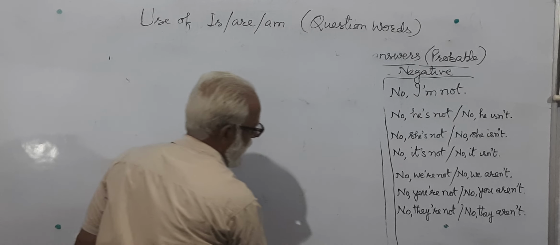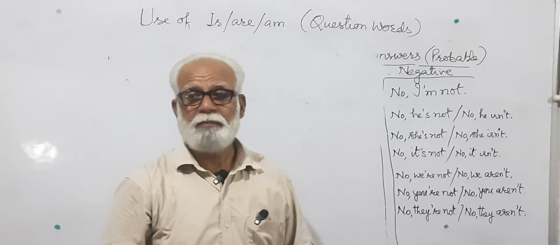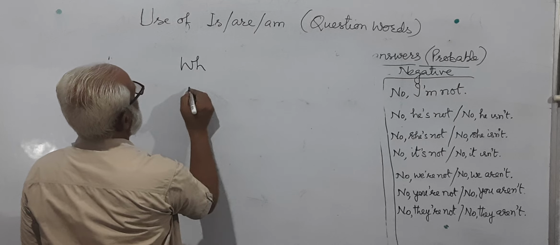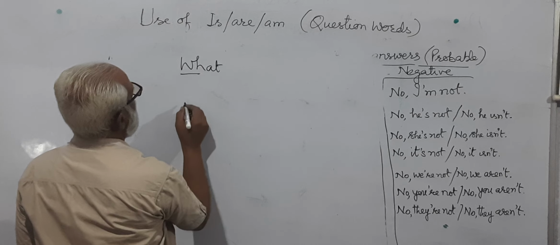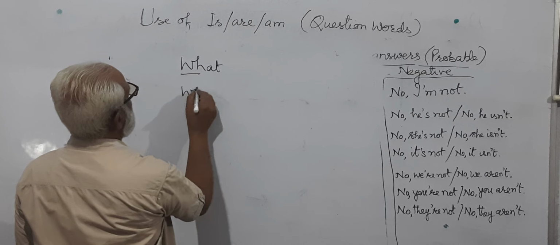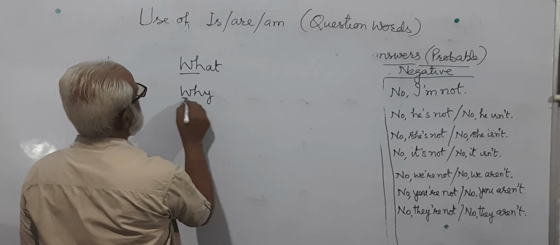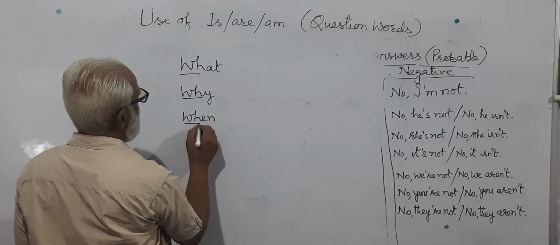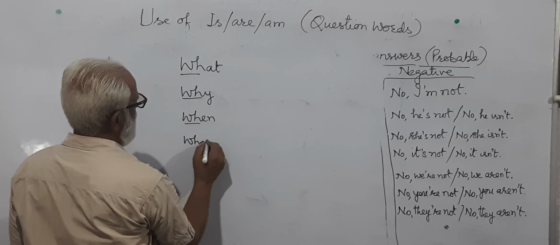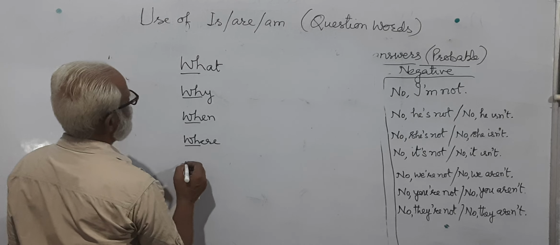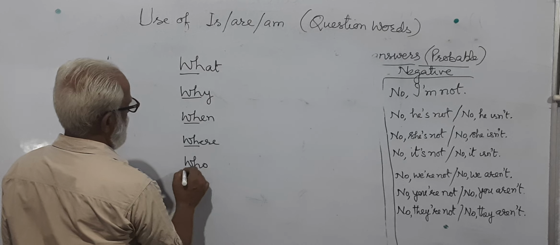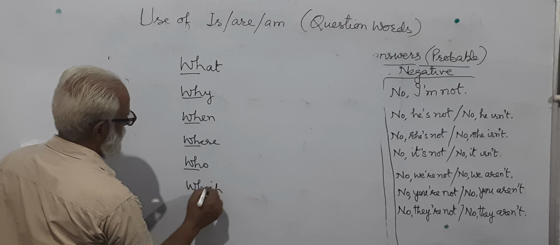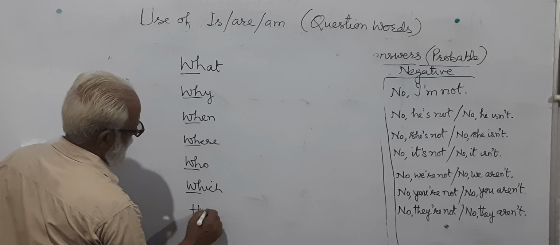as we prepare a questionnaire, we always keep in mind 7 question words, that is what, why, when, where, who, which, how.